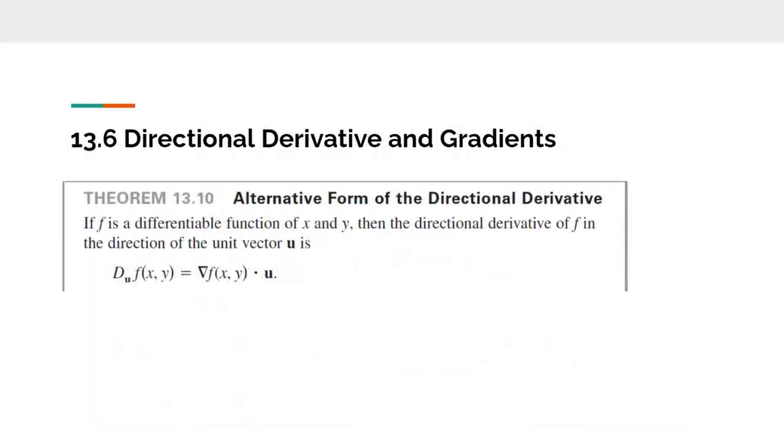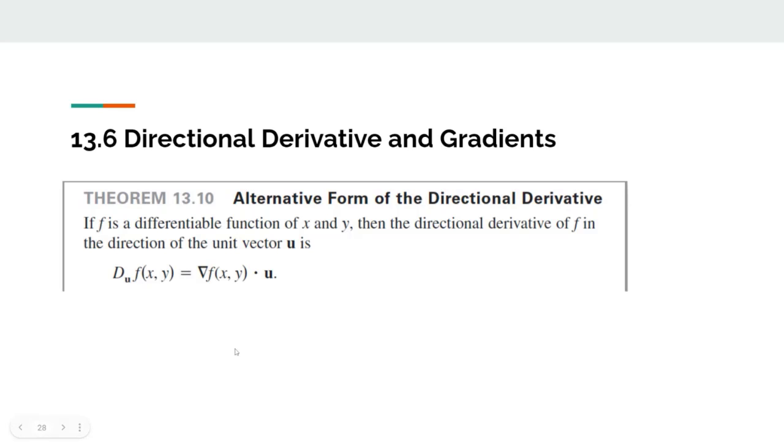I can explain why that's true with this dot product definition. You would write the definition of a dot product: magnitude of del f times magnitude of u times cosine of theta. That is maximized whenever u is in the same direction as the gradient of f.